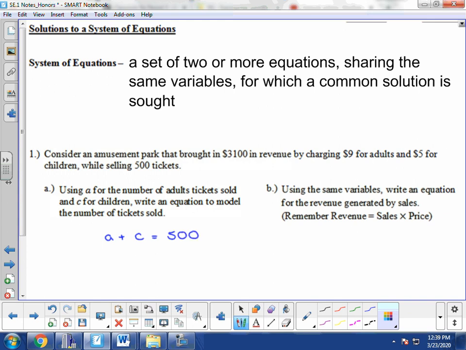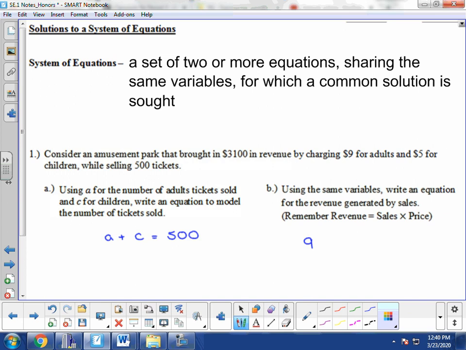Using the same variables, write an equation for the revenue generated by sales. Remember, revenue is created when you take sales times the price. So in here we have revenue generated by the children's tickets and revenue generated by the adults tickets. Adult ticket price was $9, so every ticket costs $9.